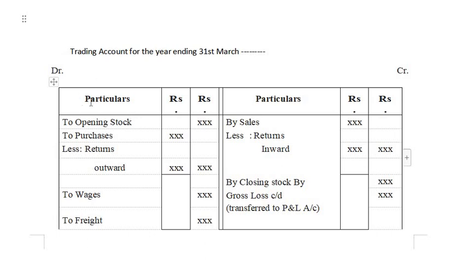The debit side is the left hand side in your notebook, and the credit side is the right hand side of your notebook. Those who are familiar with accounts can use debit and credit. For those who are not familiar, I'm considering the debit side as the left hand side and the credit side as the right hand side.